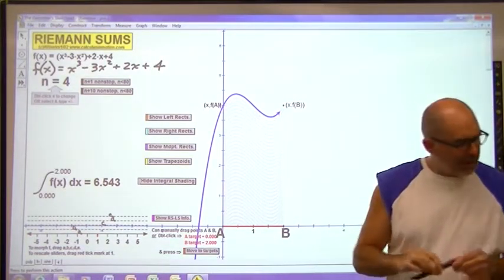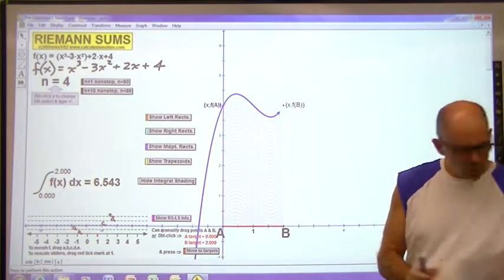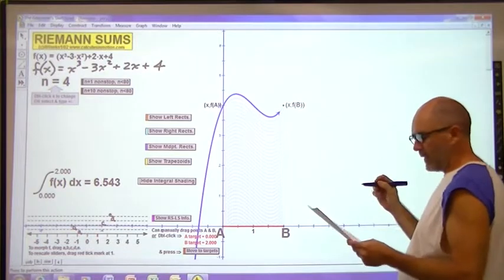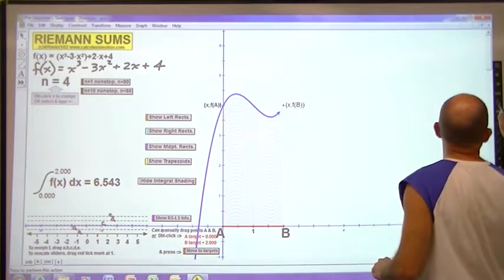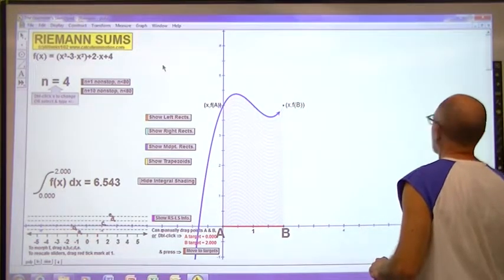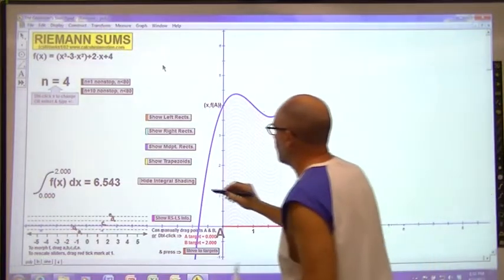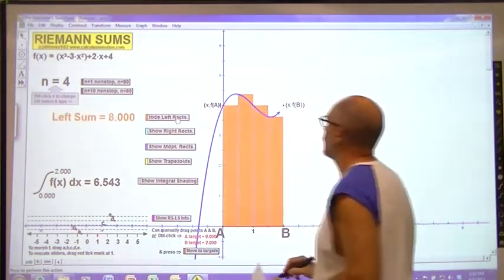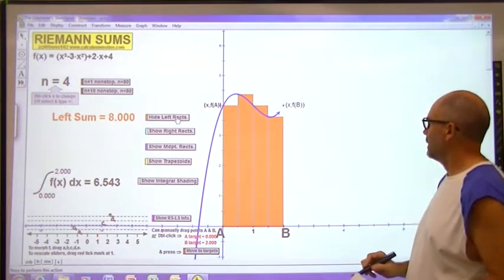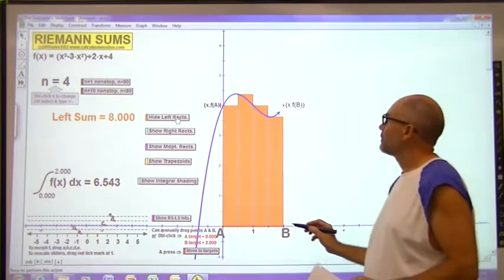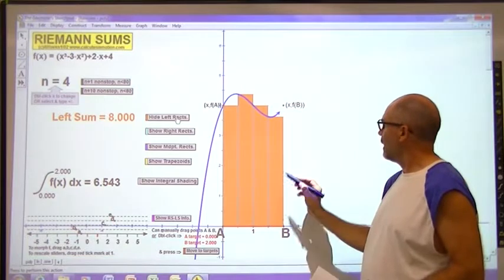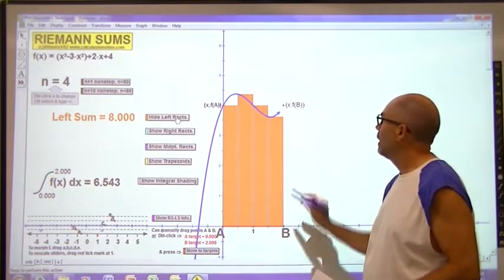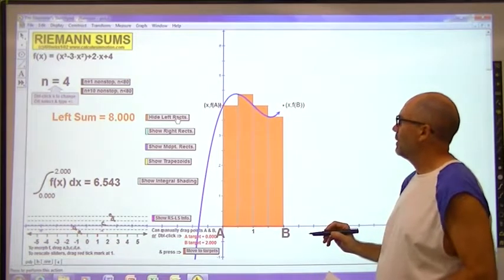So let's first do 4 left-handed rectangles. So I'm going to get rid of that and put in my 4 left-handed rectangles. So notice we're going from 0 to 2 of this function.